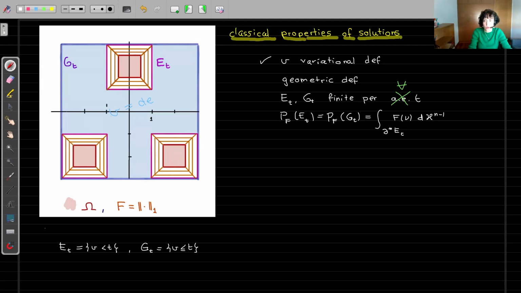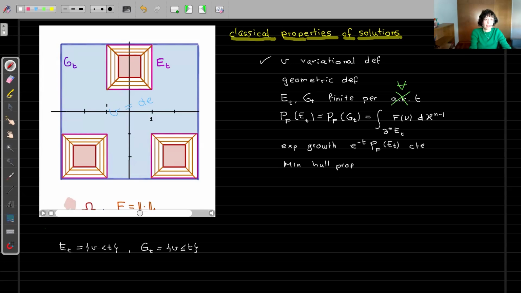Another property that you have, by Huisken and Ilmanen, is exponential growth of the perimeter. So if you rescale by e to the minus t, any of these perimeters is constant.